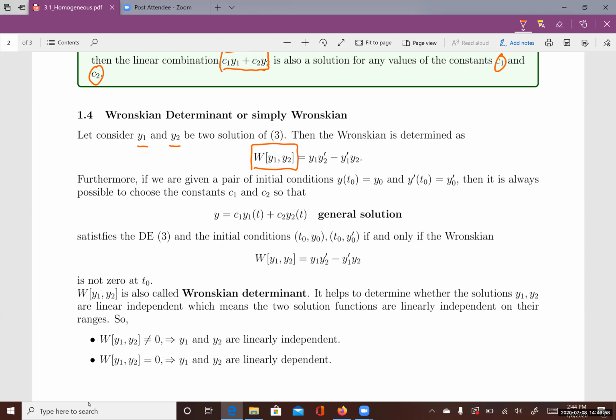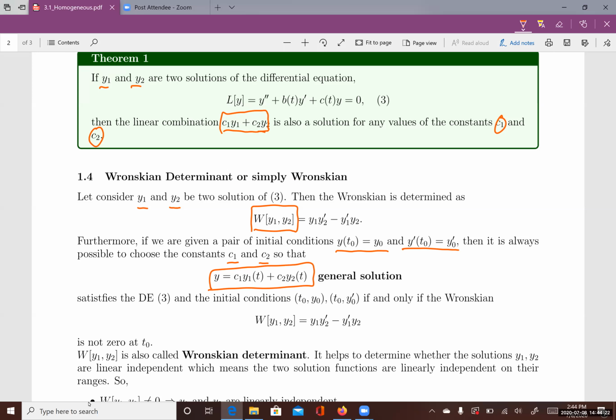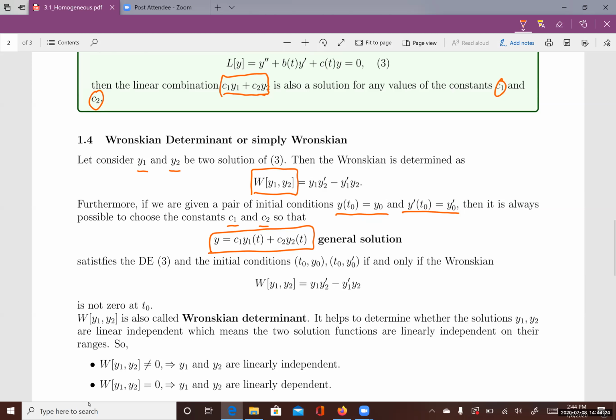Okay. Furthermore, if we are given a pair of initial conditions here, then it's always possible to choose constants c1 and c2 so that the function c1 y1 plus c2 y2 is the general solution. And this function also satisfies these equations, as we already discussed, right?